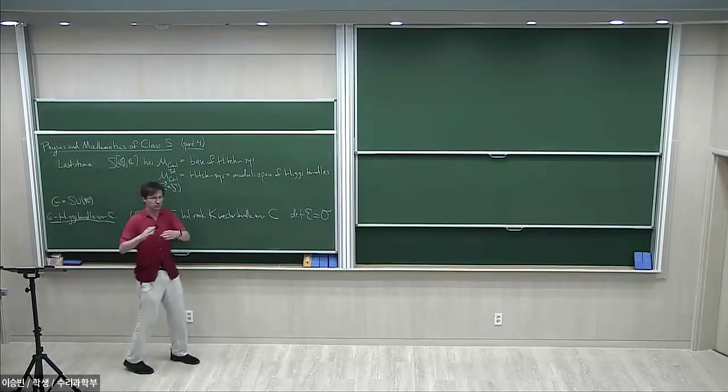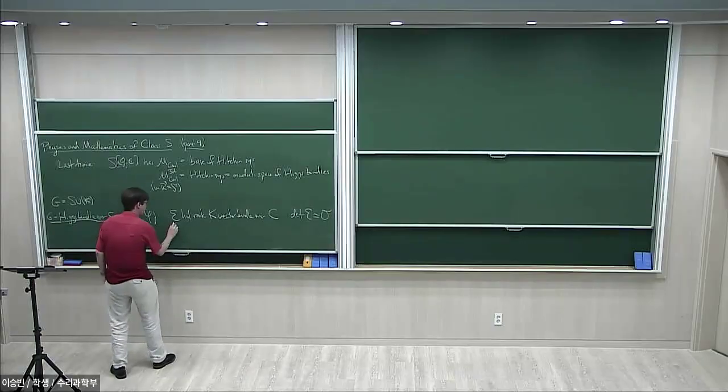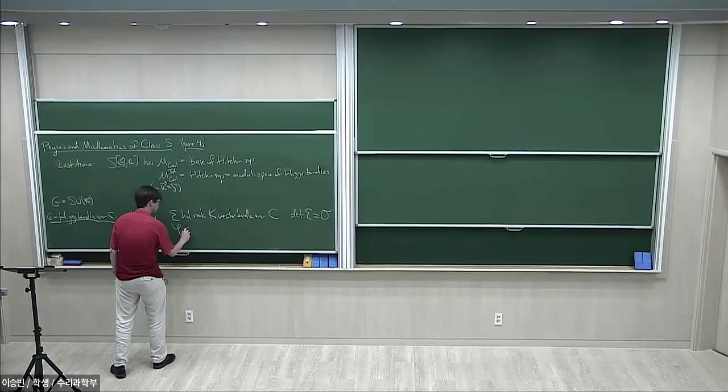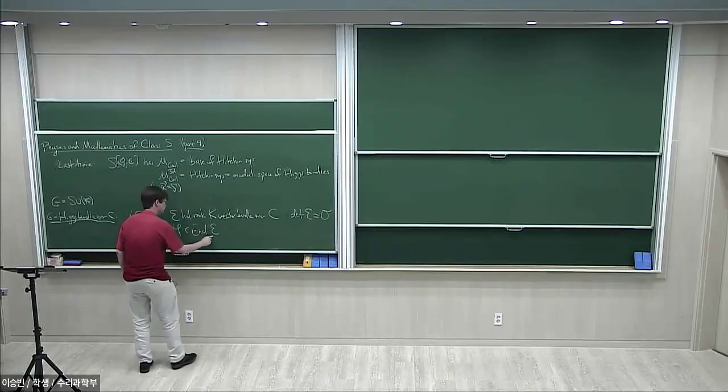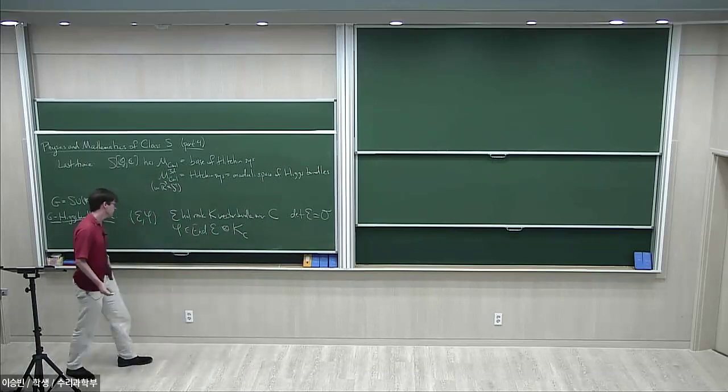But roughly just think of a holomorphic rank K bundle over your Riemann surface. And phi is a global section of the endomorphisms of this bundle tensor with the canonical bundle of the curve.